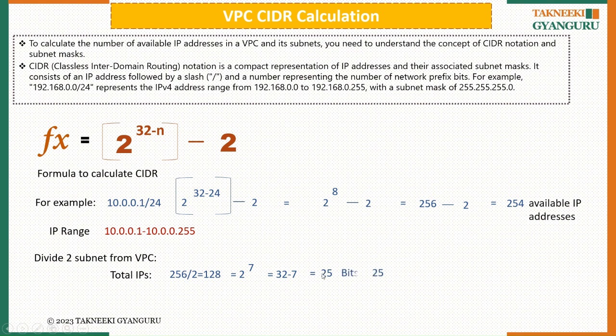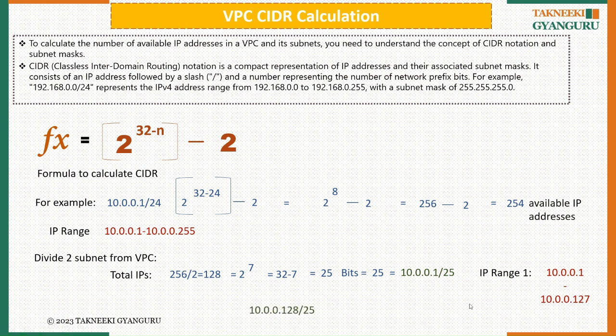The start point is the same, 10.0.0.1 slash 25. So this will be one of the subnets. The IP range will be 10.0.0.0 to 127, because 32 minus 7 is 25.